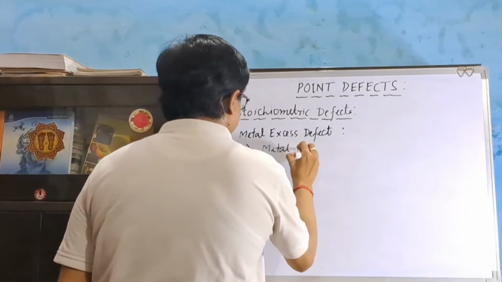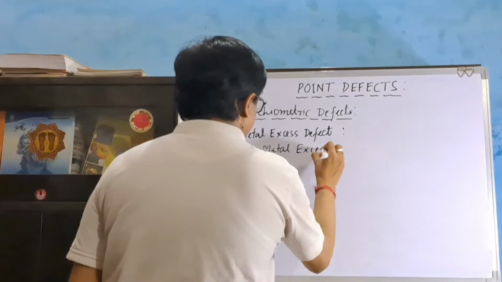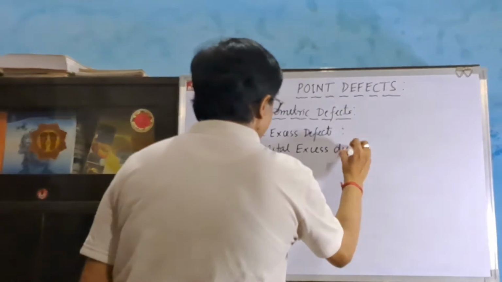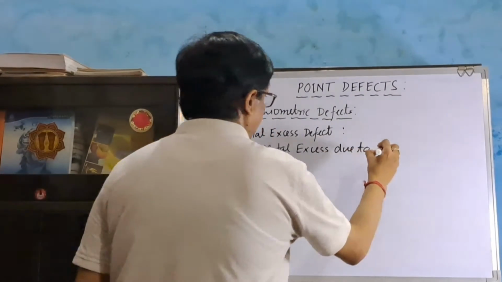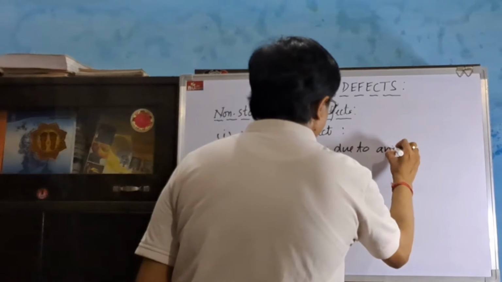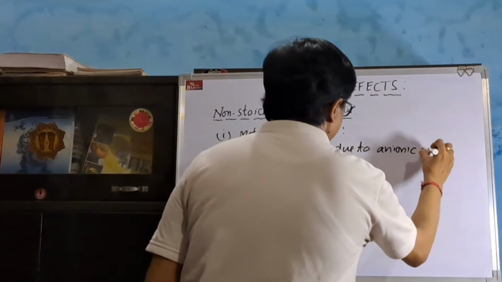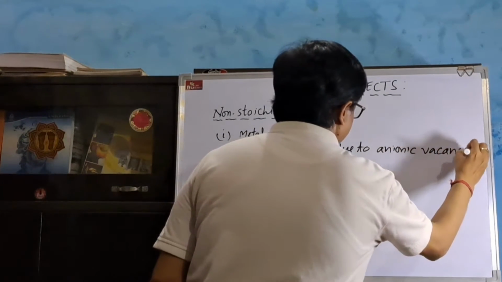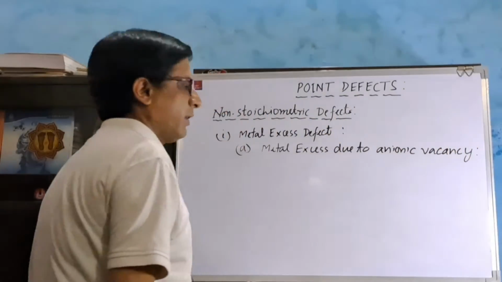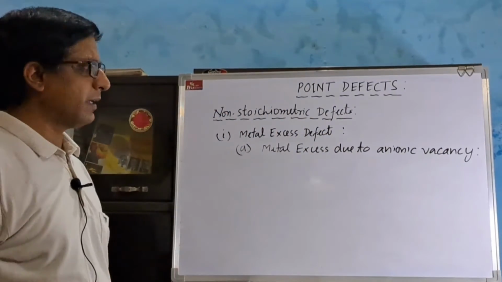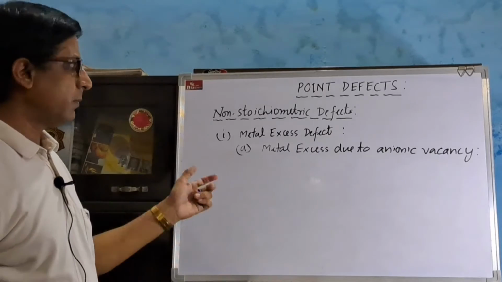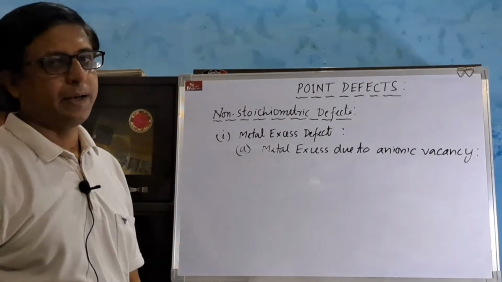These types of defects are generally found in alkali halides.